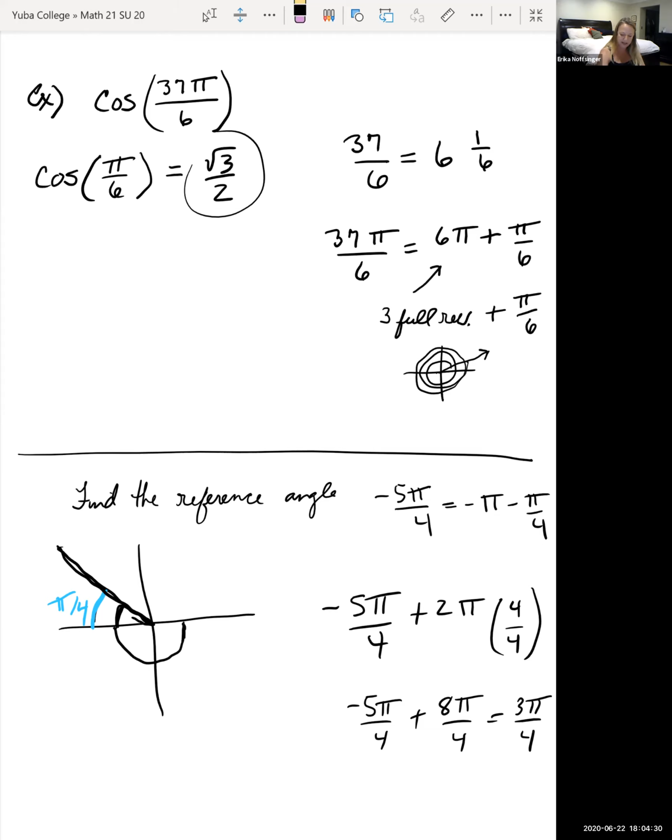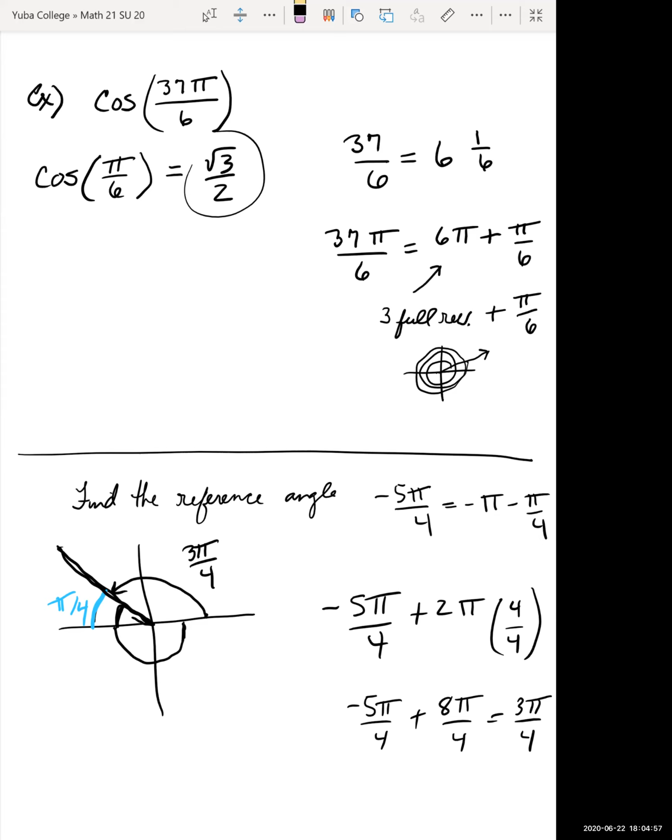But if I graph the angle of 3 pi fourths, that is from here to here. And notice that's not my reference angle. So the reference angle is always an angle between 0 and 90 degrees, or 0 and pi halves, between the terminal side and either the positive or negative x-axis, depending on what quadrant you're lying in.